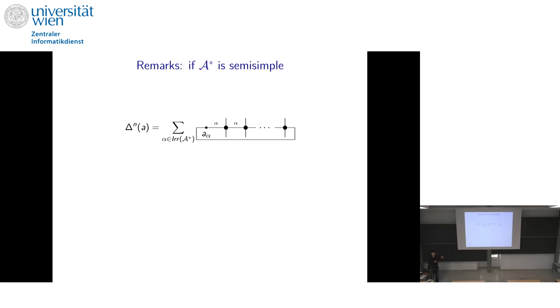So the MPO tensor itself decomposes to a direct sum of blocks, and the MPO you can then decompose to a sum of smaller MPOs. So you can always decompose the MPO representation of a Hopf algebra that is sufficiently nice to a sum of MPOs with smaller bond dimension. And each MPO corresponds to an irreducible representation of the dual of your algebra.